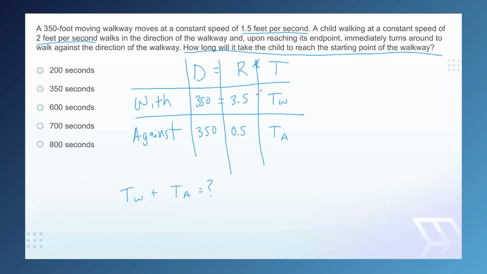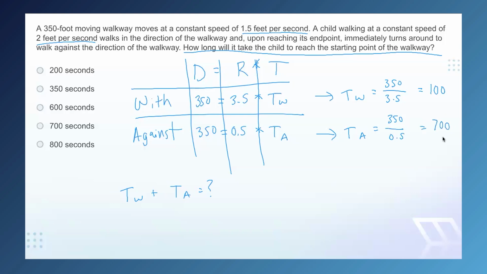Okay, taking our first equation and rearranging it, we get T sub W equals 350 over 3.5, or 100 seconds. Doing the same thing to our second equation, we get T sub A equals 350 over 0.5, or 700.